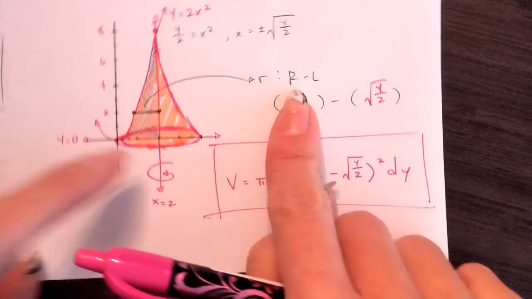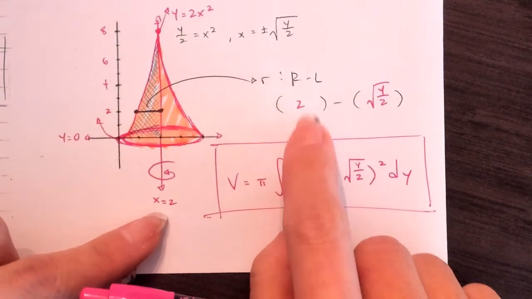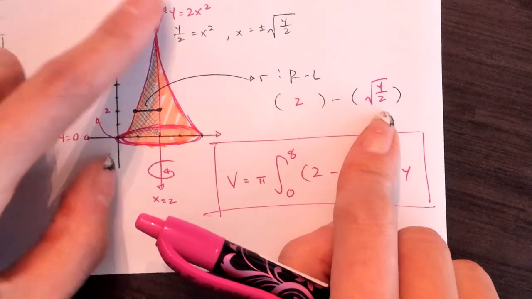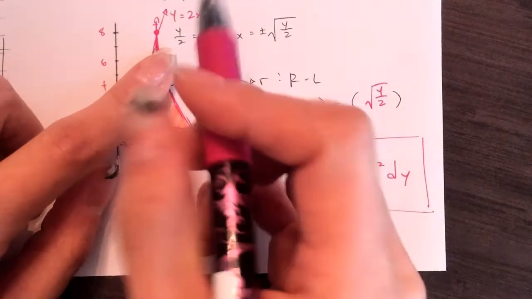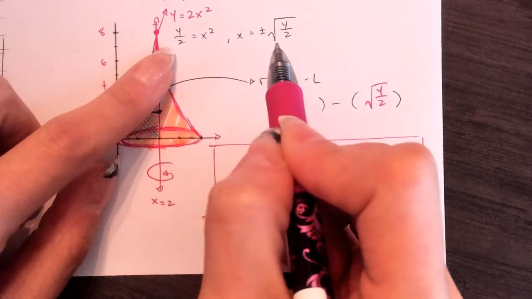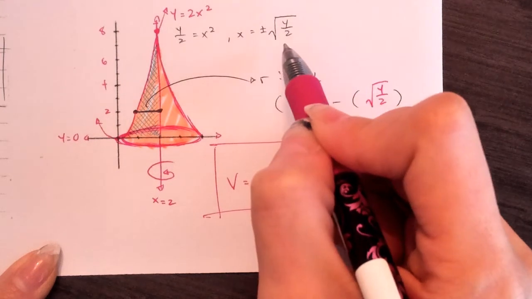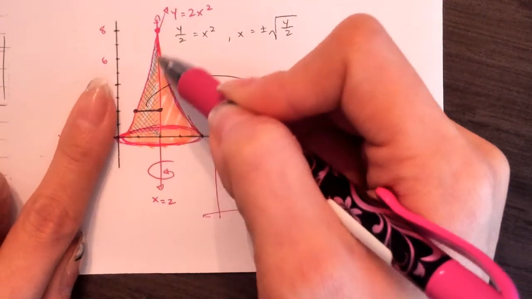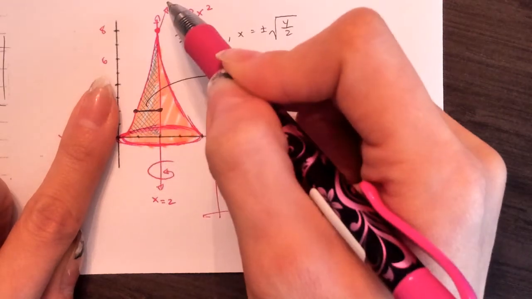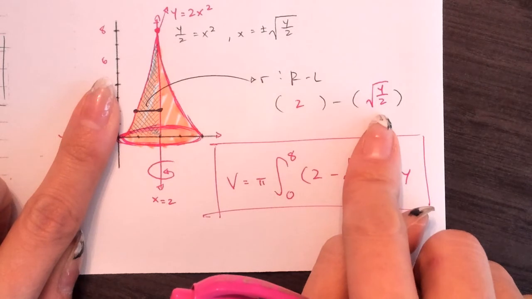And then your right, for the blue, what's touching the right is 2. Your left is the parabola, but you can't write 2x squared. So then you solve for x, and you get plus or minus root y over 2. So make sure that the whole thing is under the root. So the right side of the parabola is actually positive root y over 2.